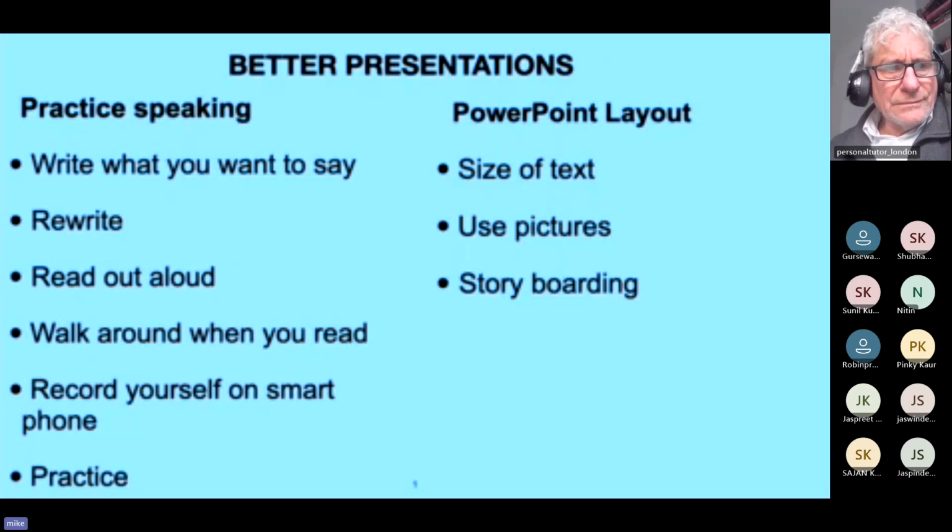But if we look at the PowerPoint here, and look at the various things we're talking about, I'm moving into my section now properly. I think it's very important that you realize that even people who are very practiced and very experienced first of all write down what they're going to say.